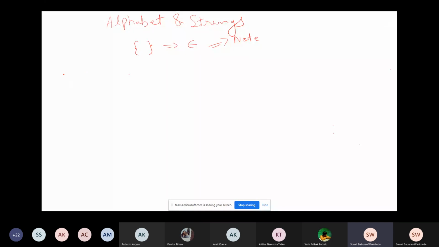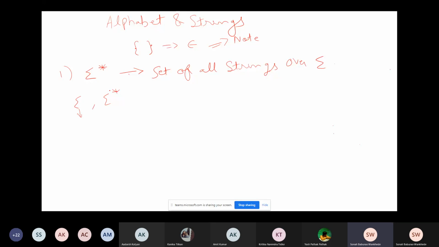We have a notation which is called sigma star. Now here, don't get confused by sigma and sigma star. Sigma is basically an alphabet and it's a non-empty finite set, whereas sigma star is the set of all strings over an alphabet sigma.